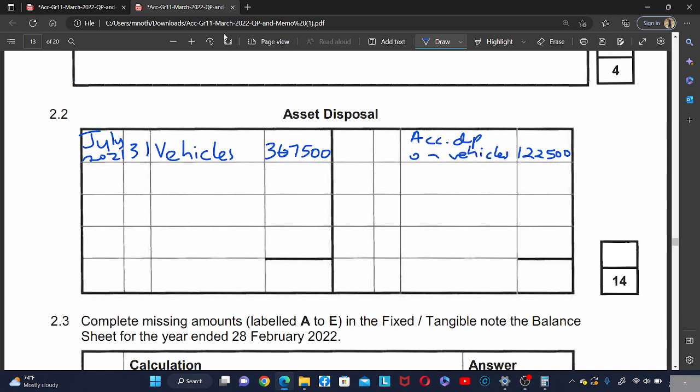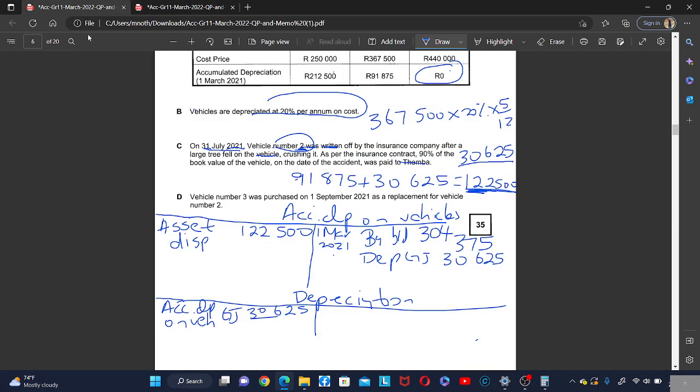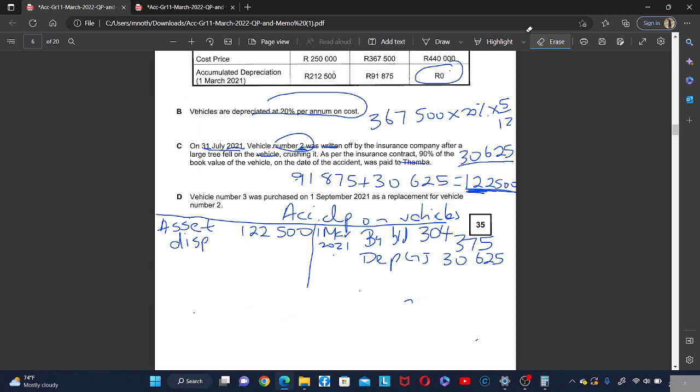So it is July 2021, 31. So let me erase this first. Okay.